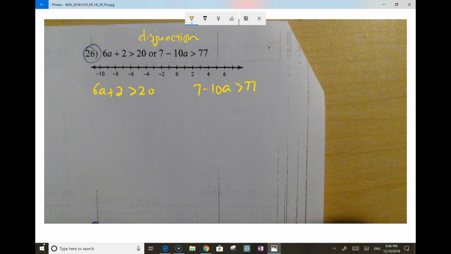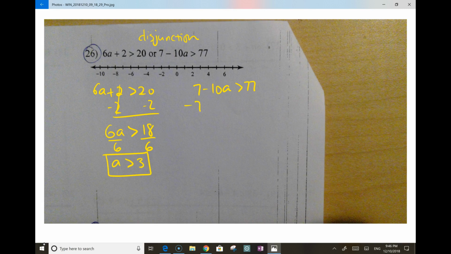So in order to solve this, I just have to use my equation solving skills. So I'm going to subtract 2 on both sides. I get 6a is greater than 18. And if I divide by 6, the value of a is anything that is greater than 3. Okay? Now on the other side, if I subtract 7, what I get is negative 10a is greater than 70.